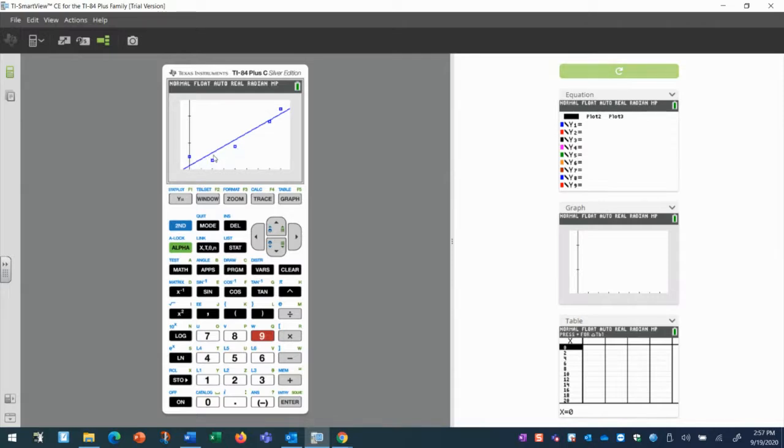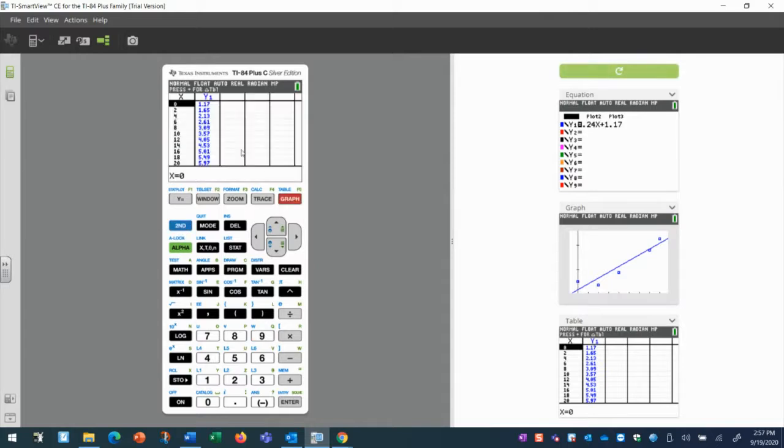But this line is the best line to represent our data. And we can use this line to make estimates, to answer questions. Also, I can use this to look at my table of values, to find my ordered pairs to go along with my equation.